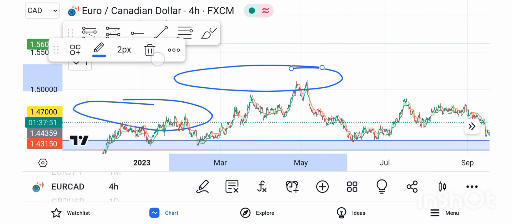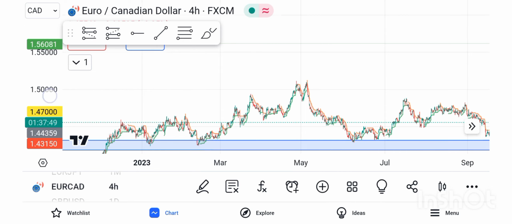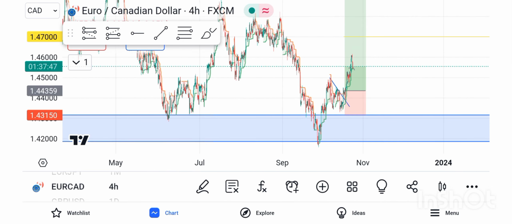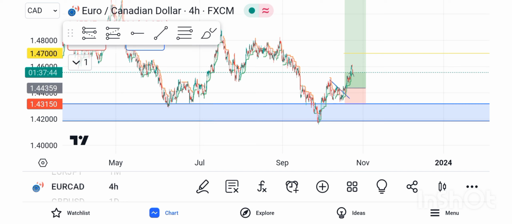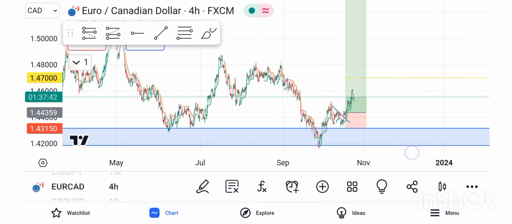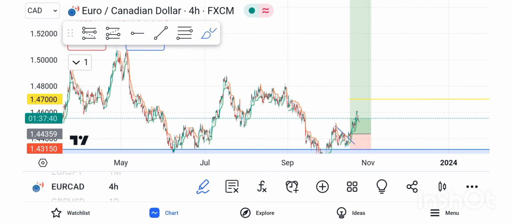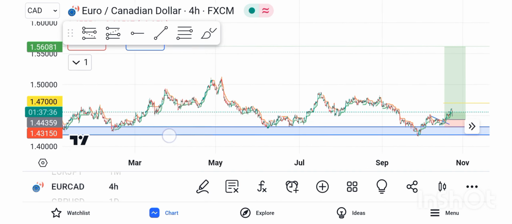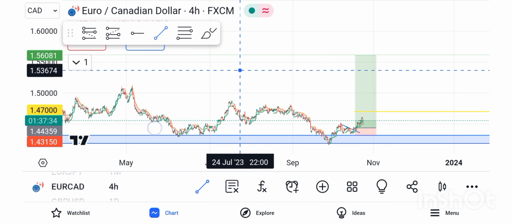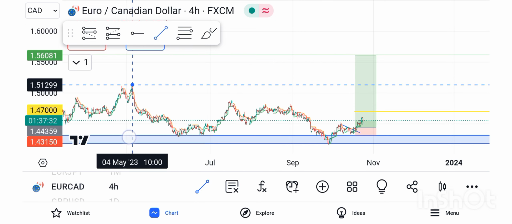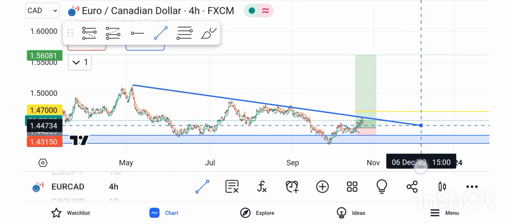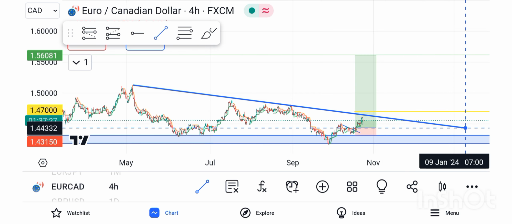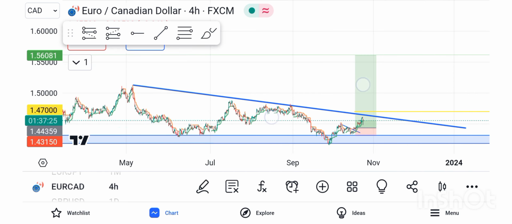Let's get this out of the way. Now, the immediate trend on the 4-hour time frame is also bearish, but let's see if we can draw a trend line from here to this point. So we still have selling tendencies.